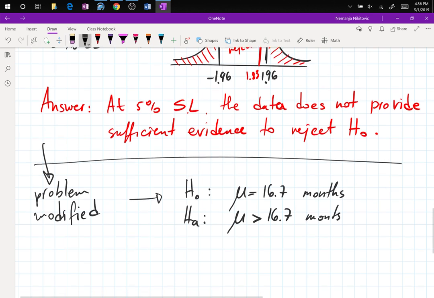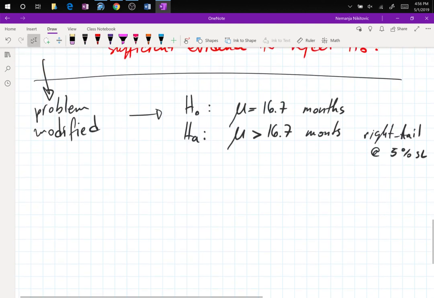So now I don't have two sides. I only have right tail at 5% significance level because I'm using greater than. What does that look like as a picture?